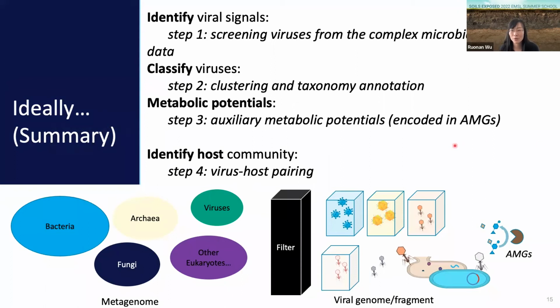In a perfect world, we'll have clean viral data screened from these noisy metagenomes with step 1, and we can group those identified viruses into little boxes, and hopefully have a label for each of them, the bacteriophages, the giant viruses, etc., in step 2. If there are any exotic metabolic genes carried by your identified viruses, we'll get them screened and classified in step 3. And in step 4, hopefully we can gain some insight into what microbial communities the viruses in your system of interest are potentially influencing.